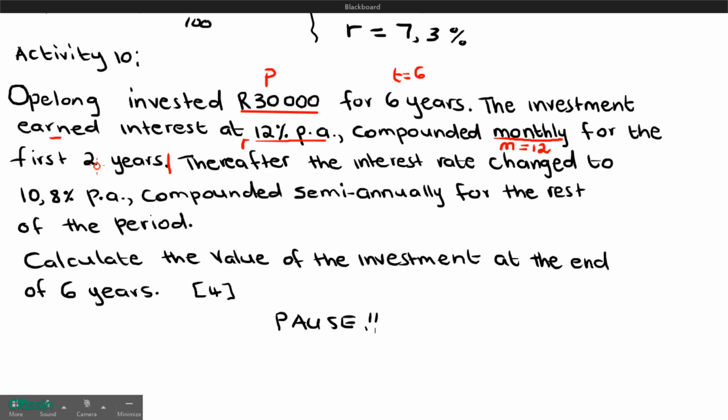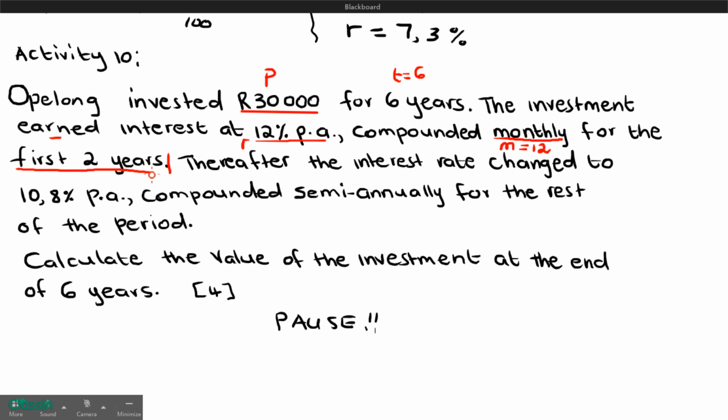So, the whole investment takes up to 6 years. But now, because we invested 30,000, it runs for 6 years, with the investment and the interest of 12% per annum compounded monthly for the first 2 years.